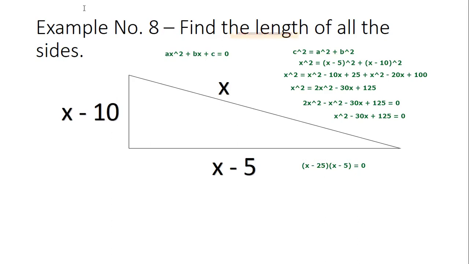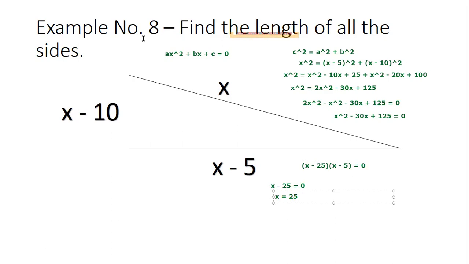After getting the factors using the factoring method, we equate each factor to 0. So x minus 25 equal to 0. By the addition property of equality, add 25 to both sides of your equation. So x is equal to 25.